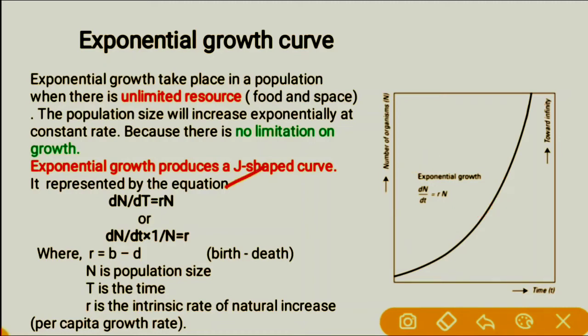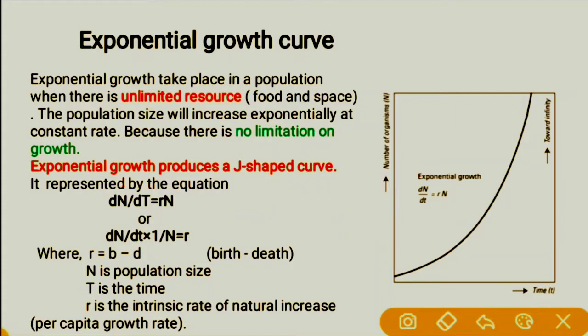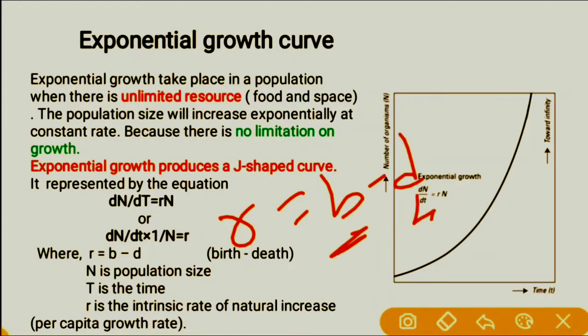The equation is dN/dt = rN, or you can say dN/dt times 1/N equals r. Here r is the intrinsic rate of reproduction. r equals b minus d, where b is the birth rate and d is the death rate.